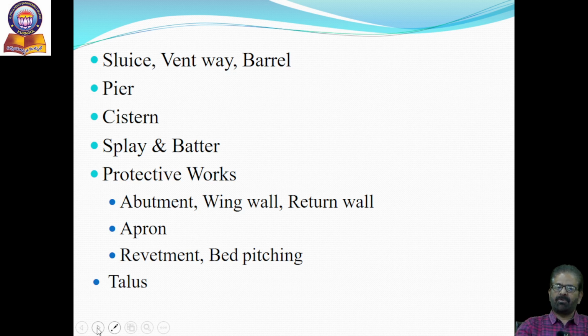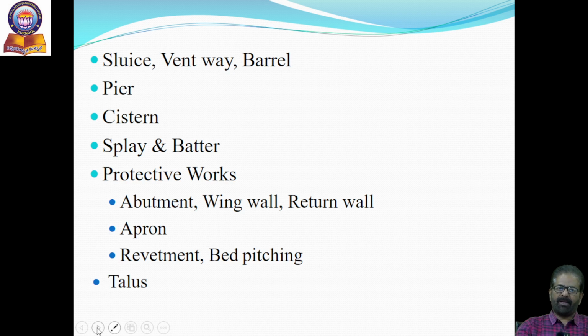Sometimes we can use this term, depending upon the type and nature of the structure. Ventway is also an opening, rectangular in shape, serving not only the purpose of supplying water, that is a flow cross-section area, but also providing additional space if required.